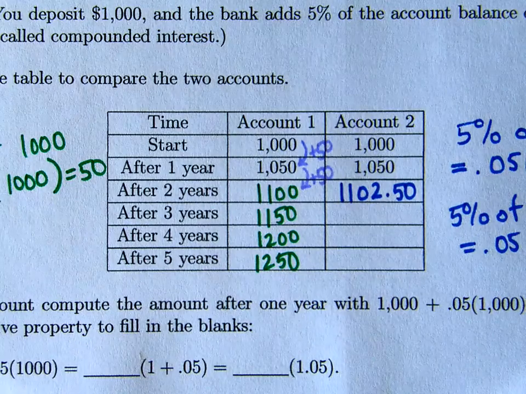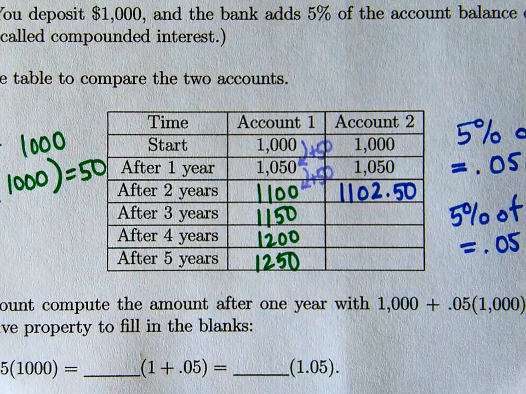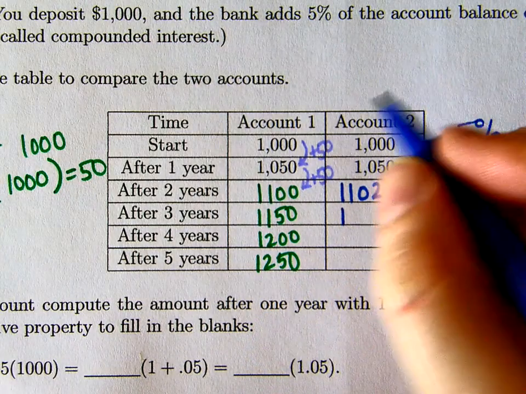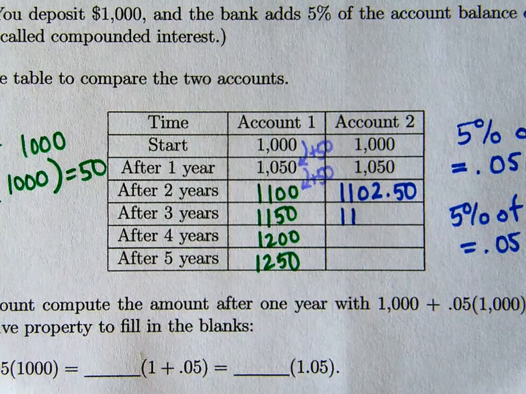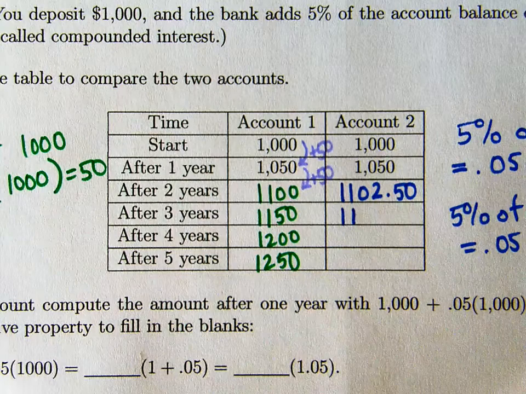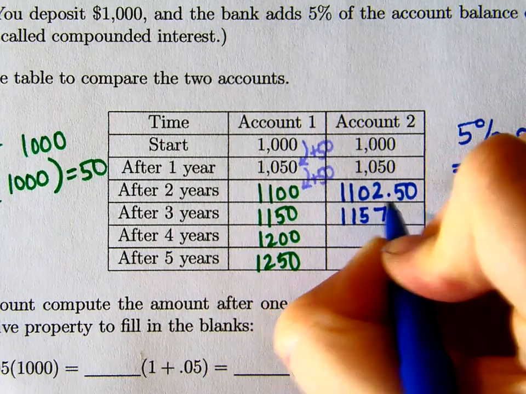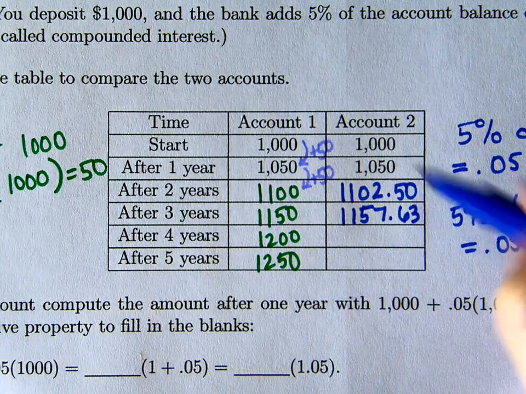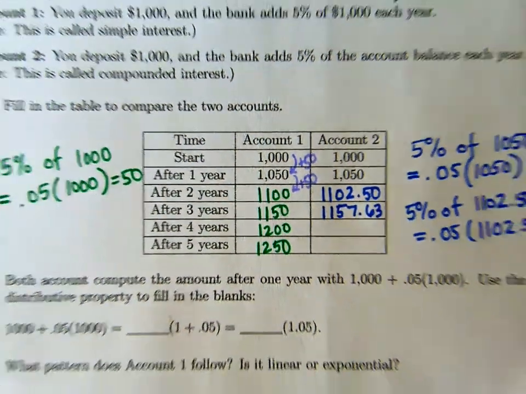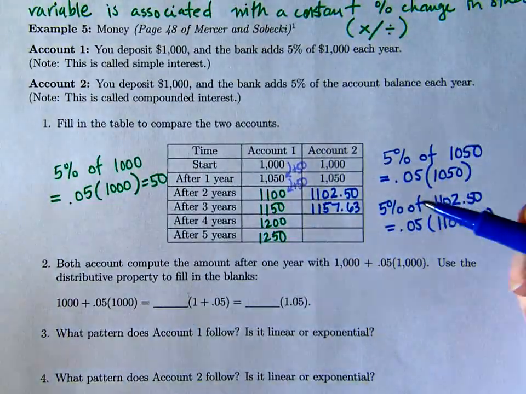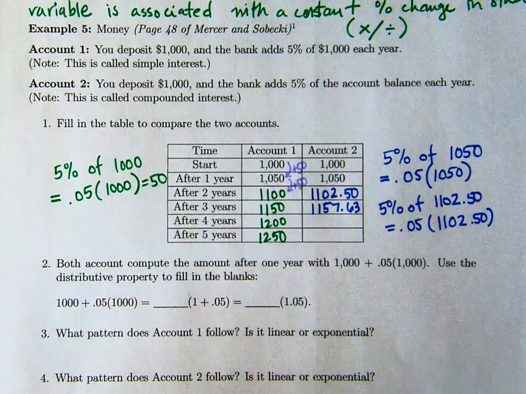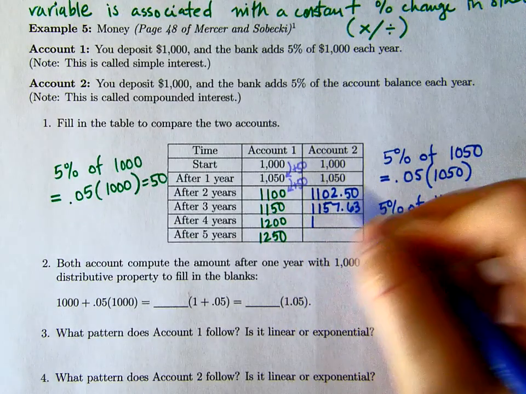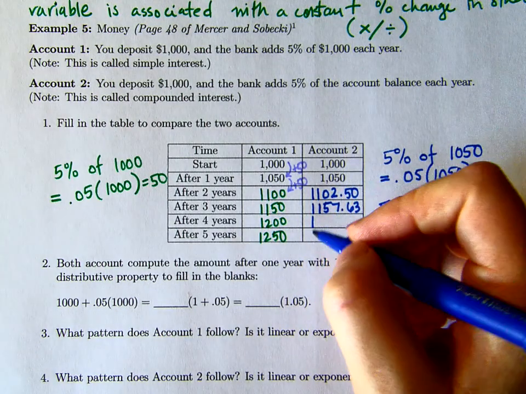I never like to say that a bank would ever give someone money that isn't theirs, but what are you gonna do? $1,157 and about 63 cents, but really just under that. Okay, and then I would continue this pattern. So I keep doing this in my calculator, doing the 5% of what came before and adding that amount.